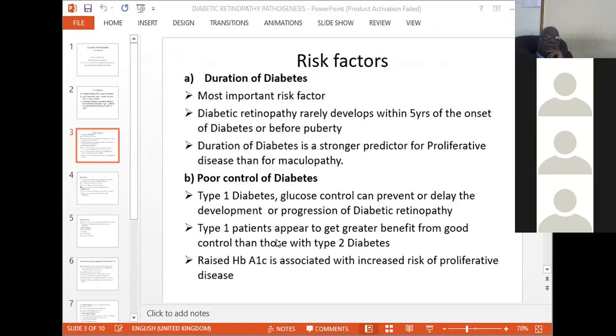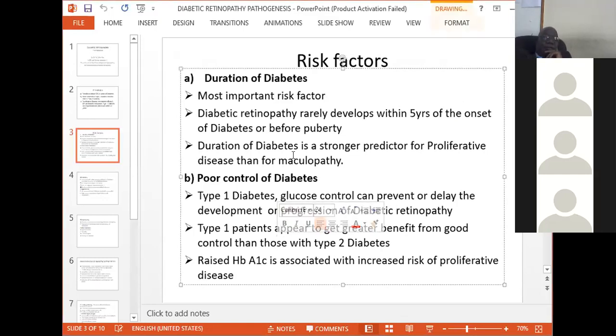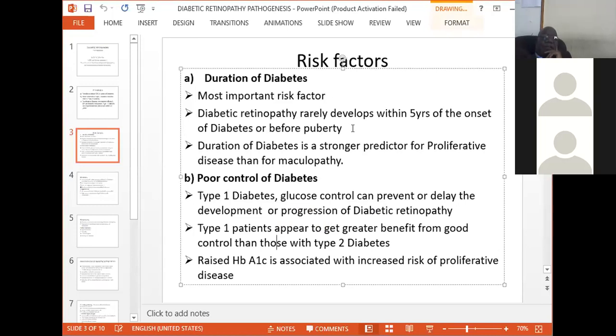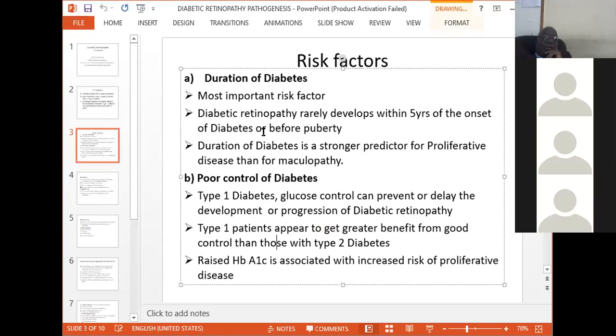Duration is an important factor, the most important in fact. Diabetic retinopathy rarely develops within 5 years of the onset of diabetes or before puberty. Duration of diabetes is a stronger predictor for proliferative disease than for maculopathy. Poor control of diabetes, I think this one is the commonest in most countries.